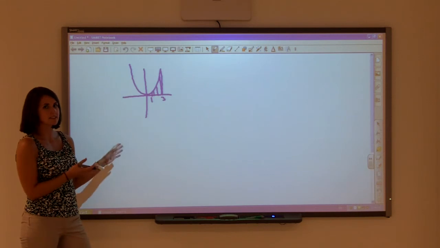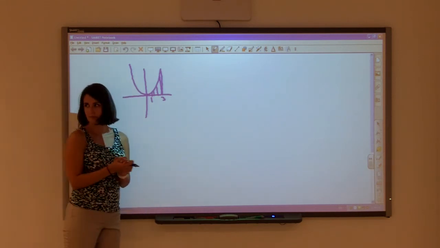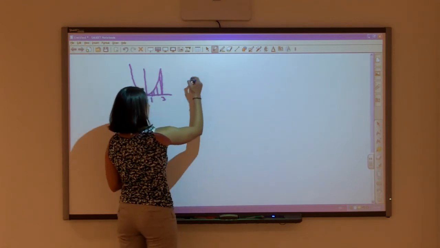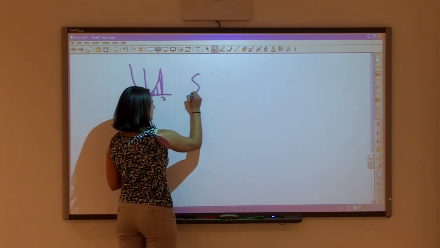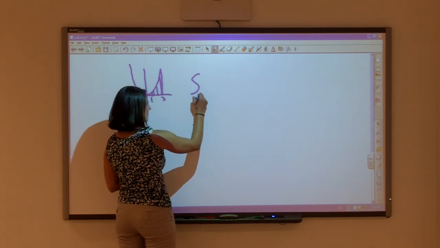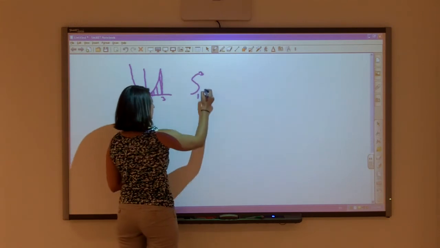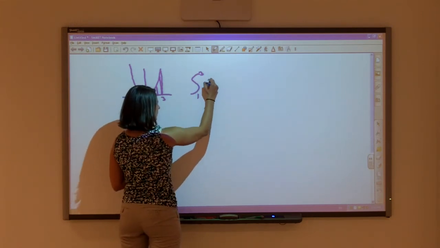All right, how does this look in integral form, in antiderivative form? This is actually going to be your integral from 1 to 3 of x squared dx.